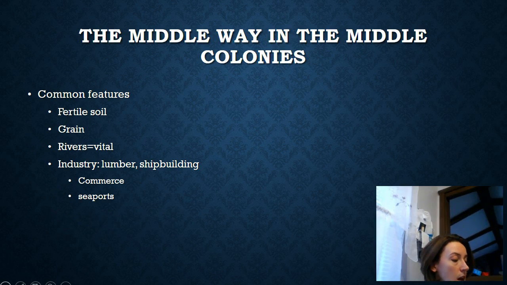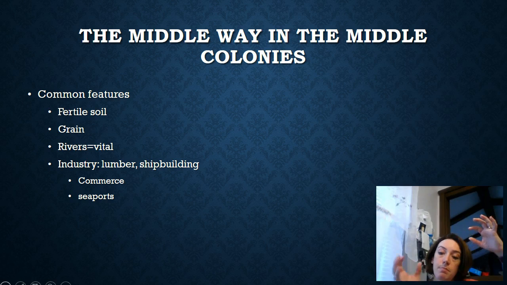So those are the middle colonies, and just as a way to tie them together, they are known as the bread colonies. There is farming, very fertile soil, but mostly grain. So it's a nice middle between New England subsistence, rocky soil, growing just enough to survive, and the plantation colonies of the South with cotton or tobacco. These are more mid-sized farms. Rivers are very vital.